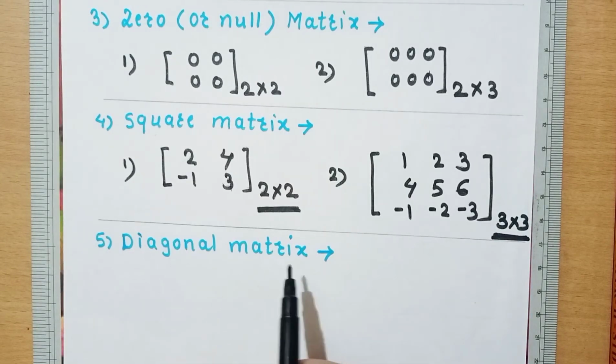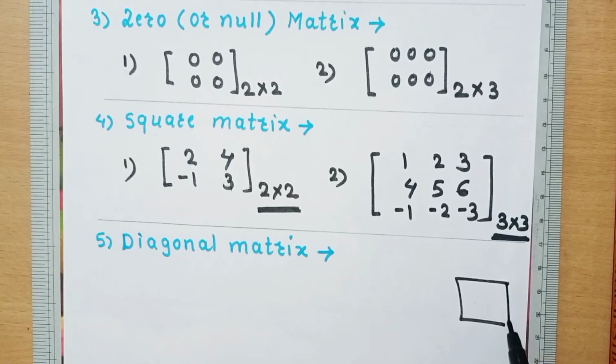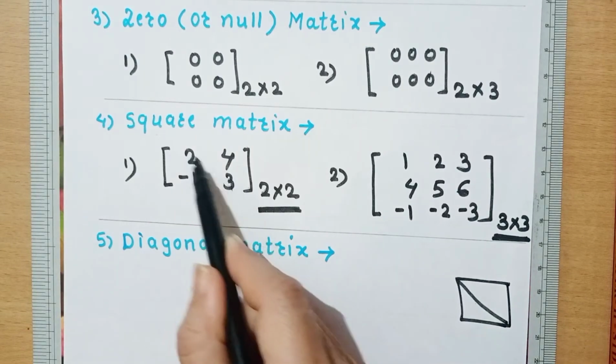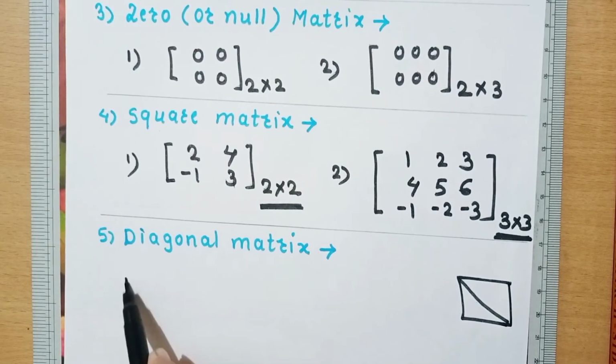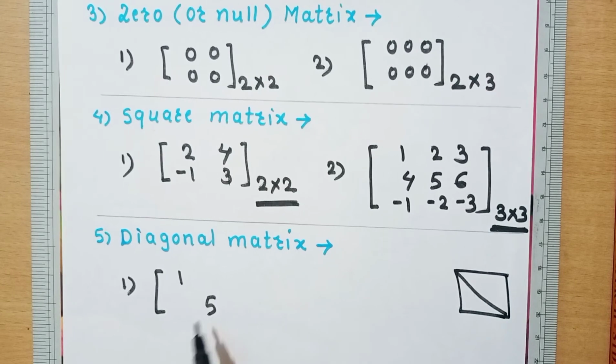The next type is diagonal matrix. Now you know that if this is a square, then this is called the diagonal. So in this matrix, this is called the diagonal. So a diagonal matrix means the matrix in which non-diagonal elements are 0. Now non-diagonal elements means this is 0 and here also.